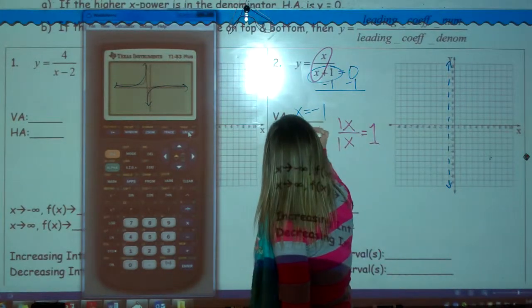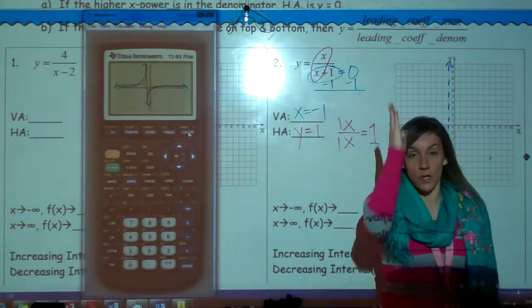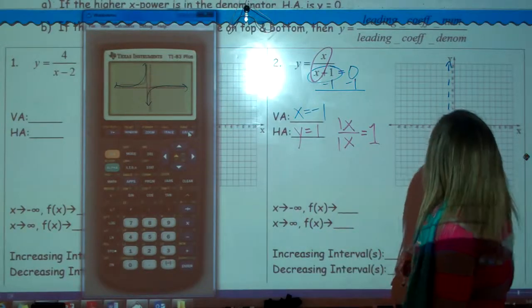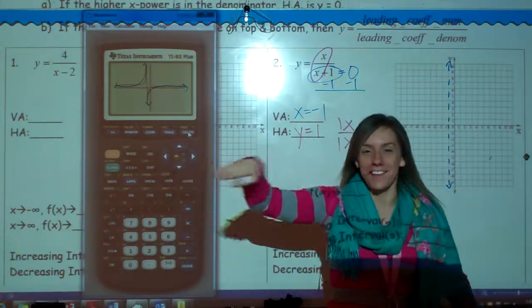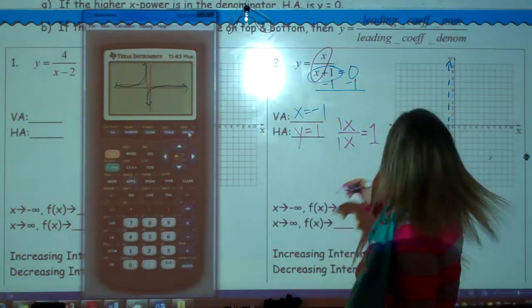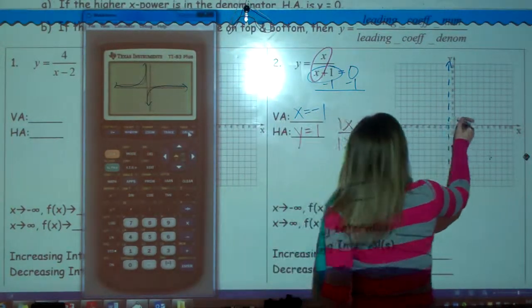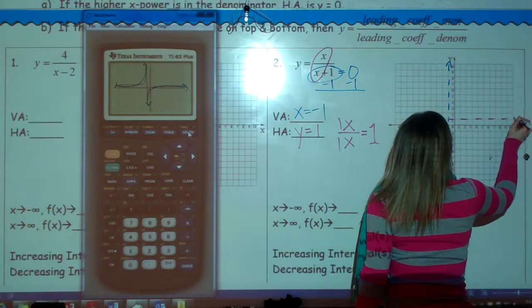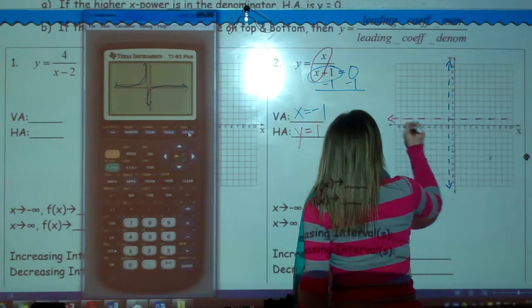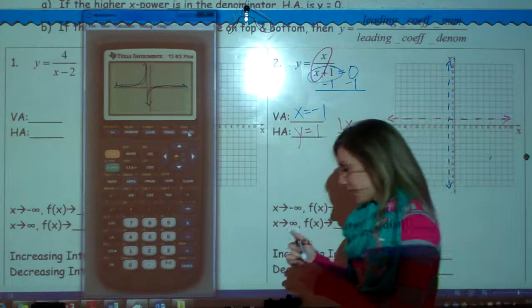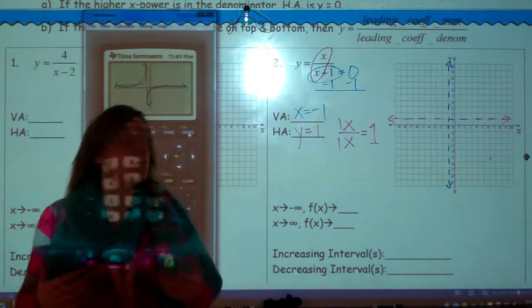So that's y equals 1, because we're talking about horizontal, so that's going to cross the y-axis. So this line right here that it's not crossing is at 1. Okay? So those are our two asymptotes.